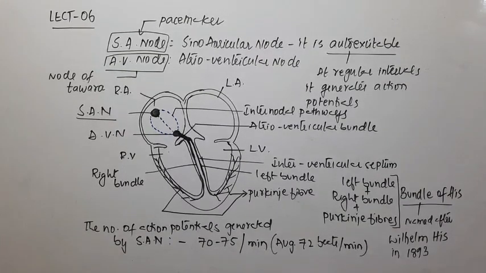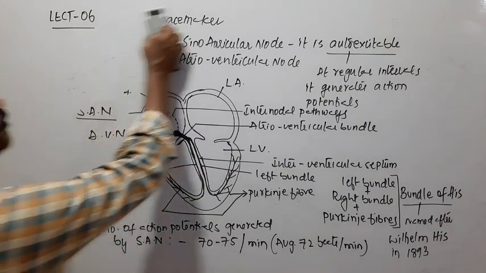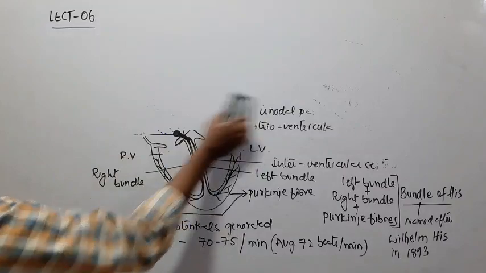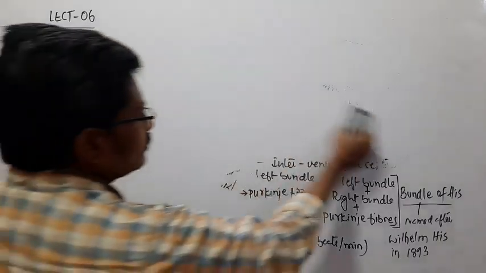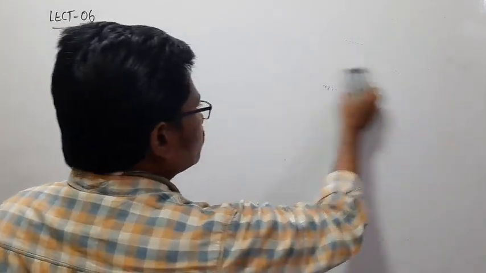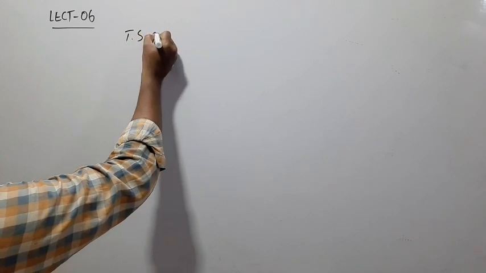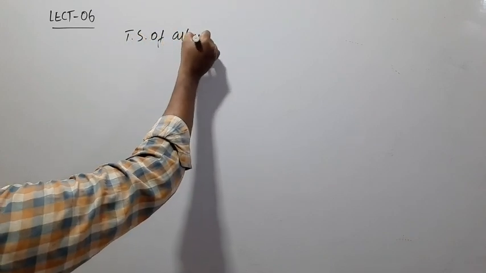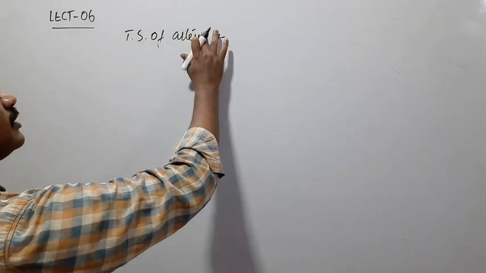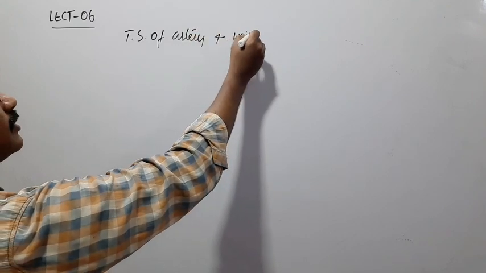Okay, so now let's see the transverse section of the blood vessels. Tiers of artery and vein.